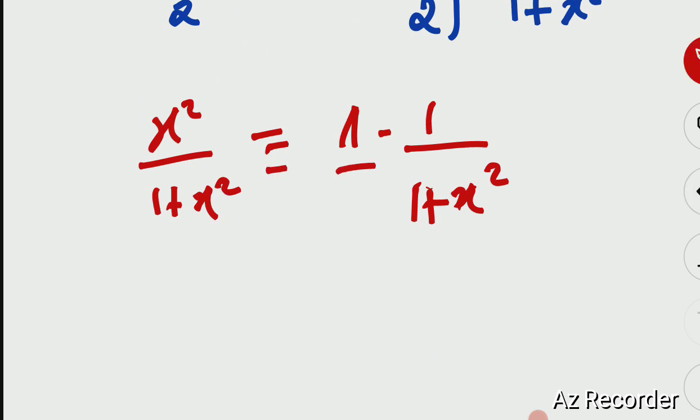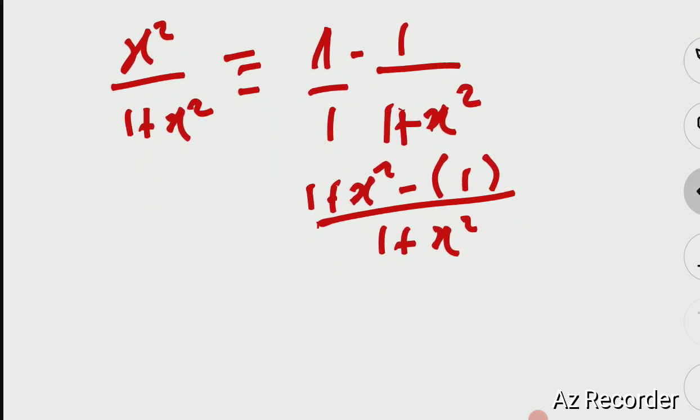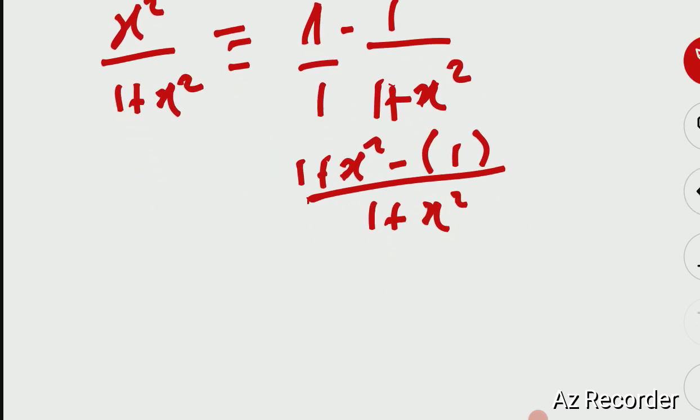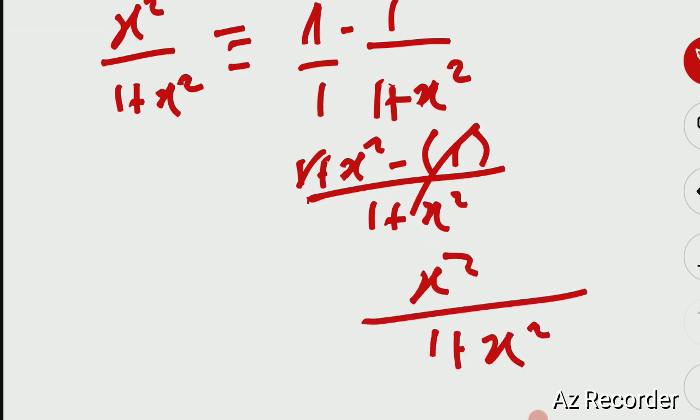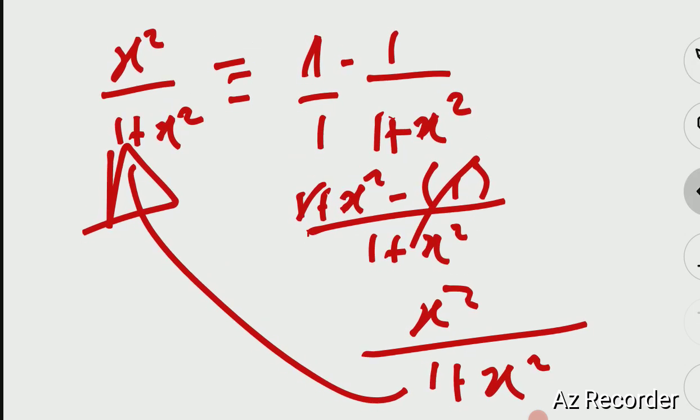To confirm, we can add: 1 plus x squared minus 1, all over 1 plus x squared. The 1 and minus 1 cancel out, and we end up having x squared divided by 1 plus x squared, which is the same. Are you seeing that? They're all the same when you look at that.